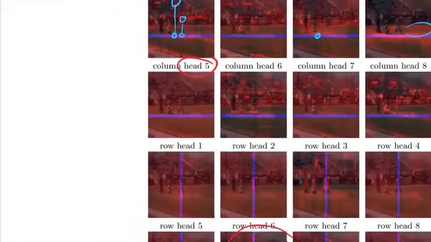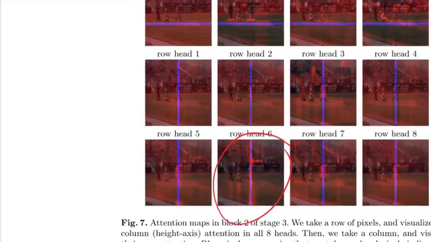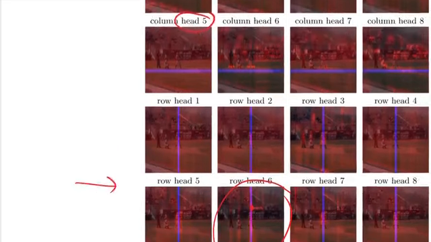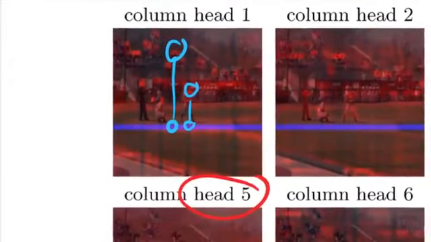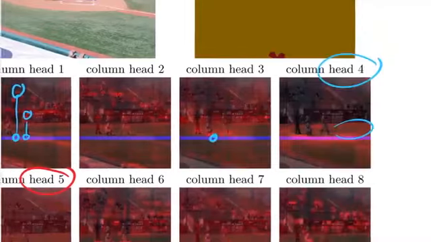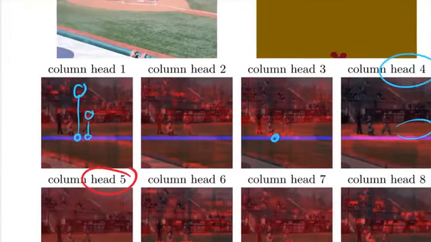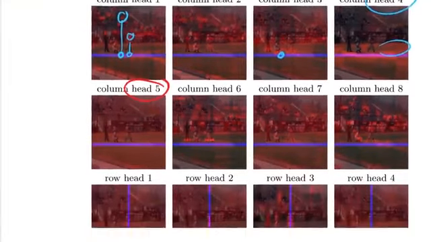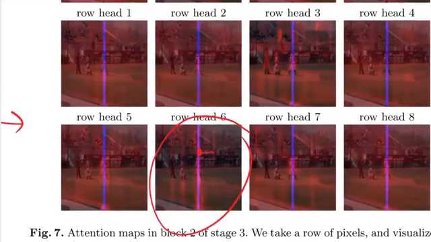And this, I don't know, maybe they just needed something more to say because they put these pictures here. They were like, okay, the column heads are really nice because this one's really nice because it just pays attention to the people, and this one looks really nice because it pays attention to the field. But we can't really put the column head attention without putting the row head attention. But then none of the row heads really are super distinctive on a particular thing in the image.